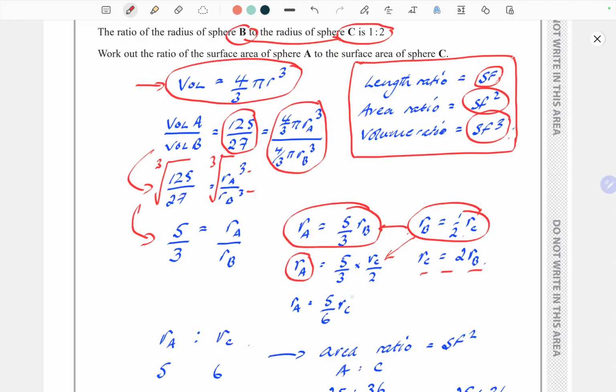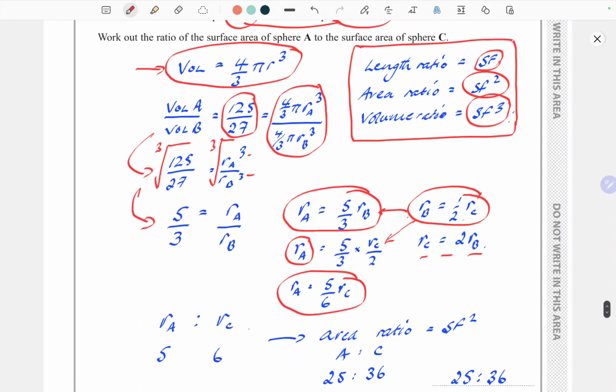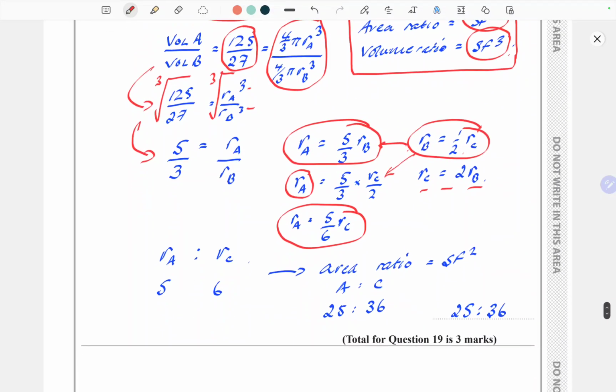And that tells us finally that the radius of A is 5/6 of the radius of C. Try saying that in a rush. So that means the radius of A is a little smaller than the radius of C. If you're not sure which way around the numbers go, if it's 5/6 of RC, then RA is smaller.